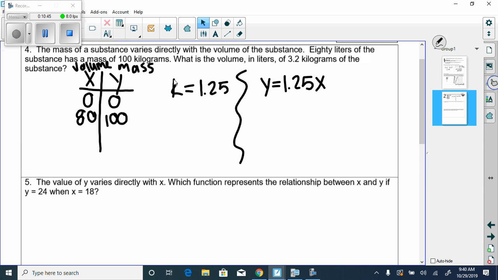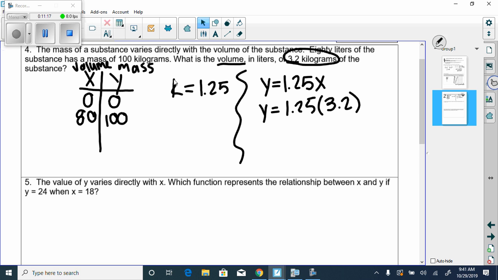But we're not done, because it said, what is the volume in liters for this many kilograms of the substance? So, they said that we have this much of some substance, so we're going to plug that in for X. What is 1.25 times 3.2?